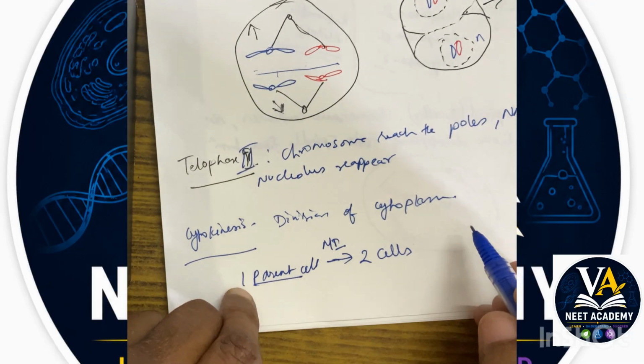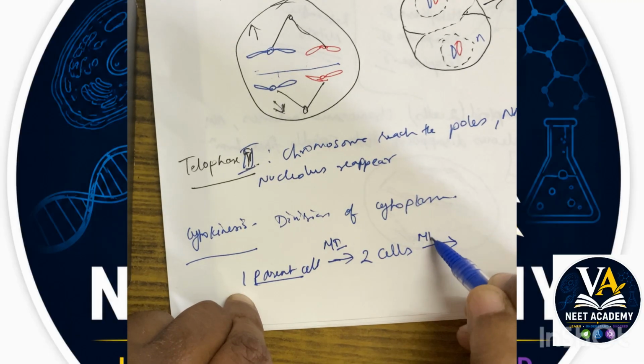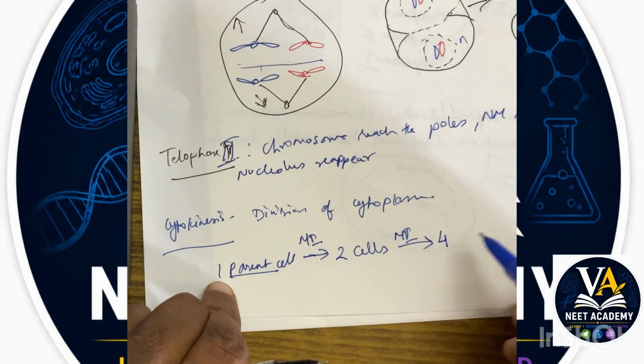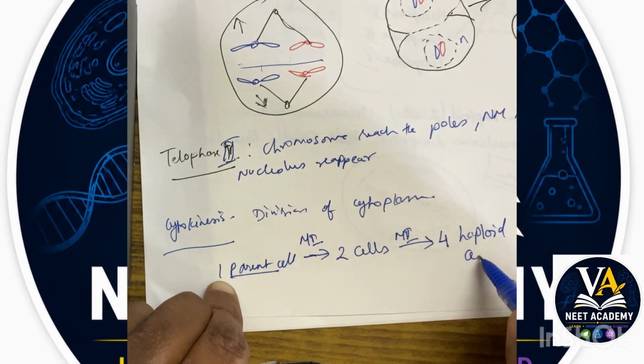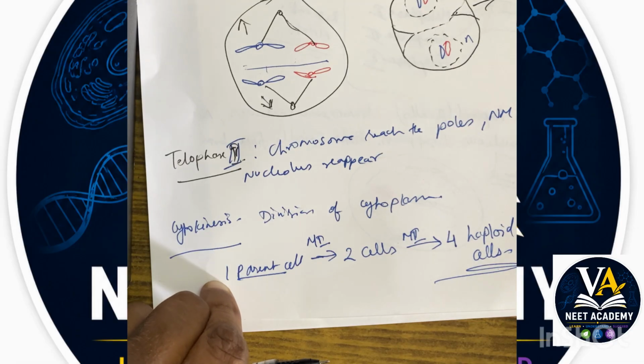Each of these 2 daughter cells undergoes meiosis II, giving you 4 haploid cells, because the sister chromatids have separated. This is the conclusion of meiosis II.